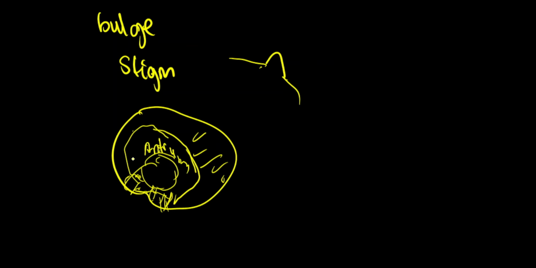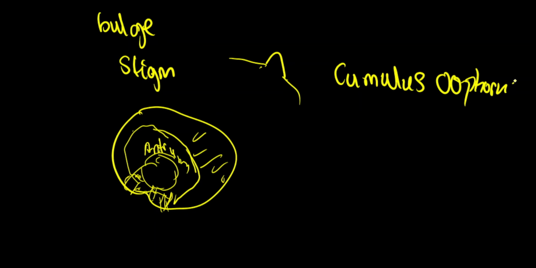When the secondary oocyte is released, it's surrounded by what we call the cumulus oophorus. The cumulus oophorus is simply layers of follicular cells that surround the secondary oocyte, and a part of it is the corona radiata, which simply means radiating crown.